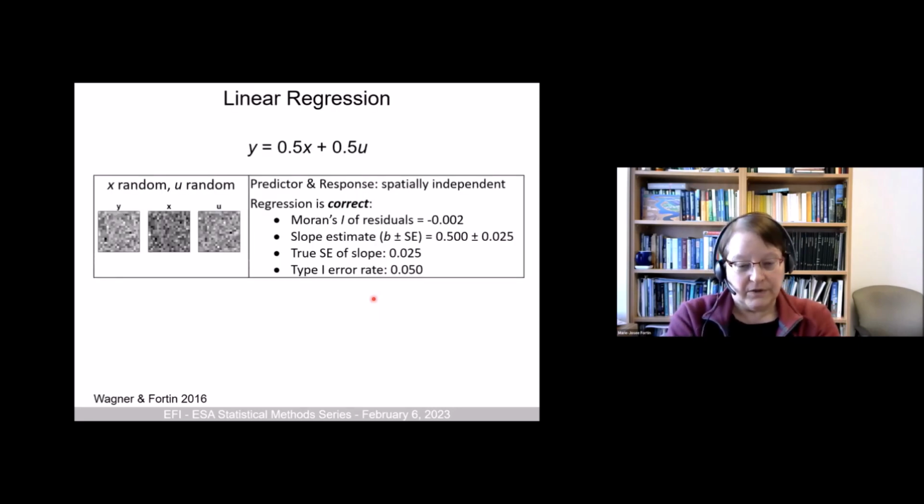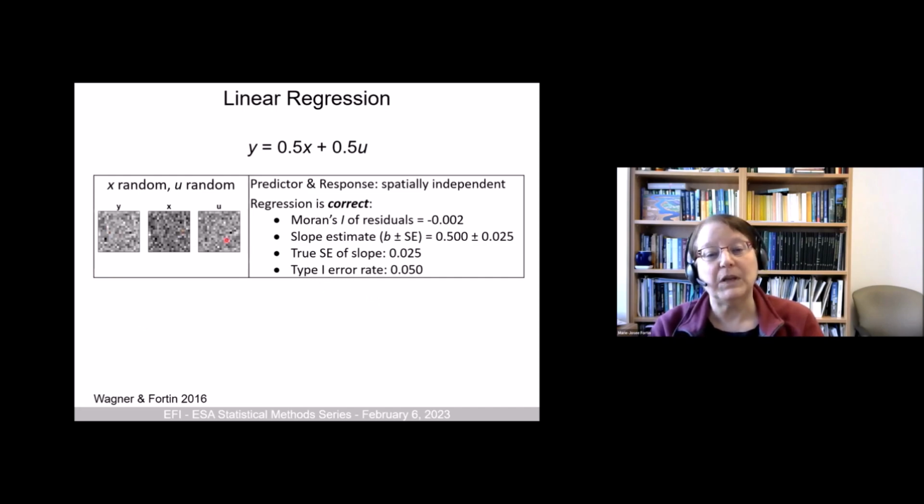So in this book chapter with Hélène Wagner, we simulated some data to see when it is important, because maybe very weak autocorrelation is not important, and in which context the presence of autocorrelation is important. So here we have the response variable, the predictor, and some errors. Here everything is random.